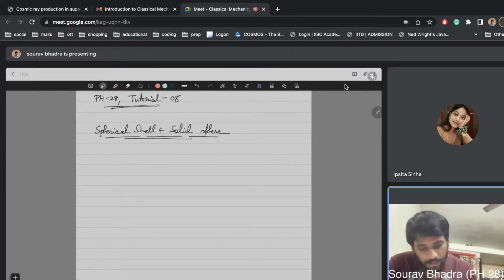Okay, so for spherical coordinates, you know that if we transfer from x, y, z to r, theta and phi, this will be your phi, this will be your theta, and the distance will be r.